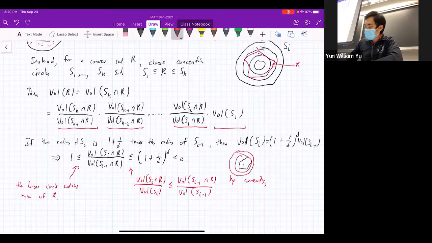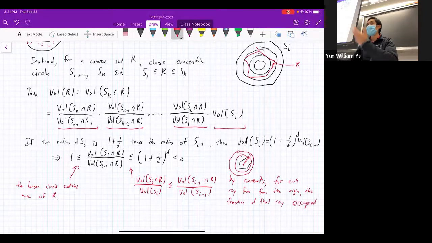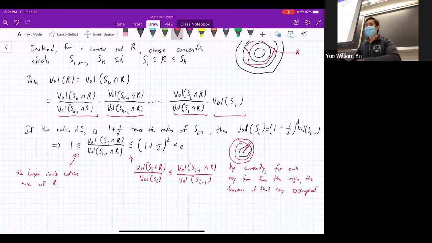If you start thinking about starting from rays here, each of these rays is either completely contained within the object or it's not. But as you increase for each ray from the origin, the fraction of that ray which is occupied by the convex object cannot increase.